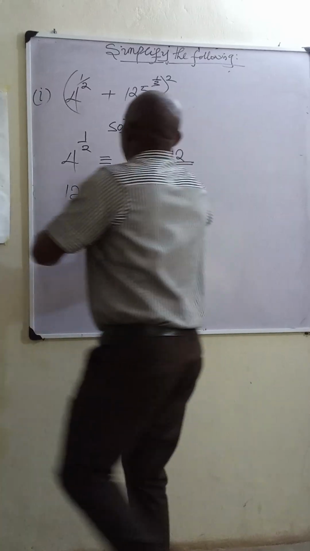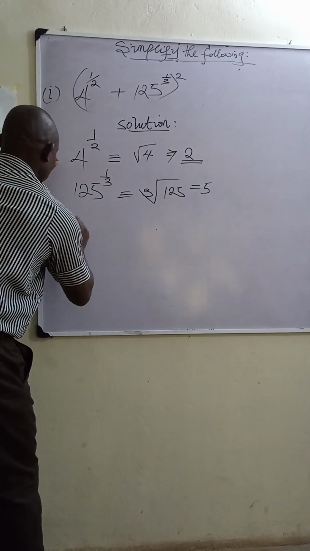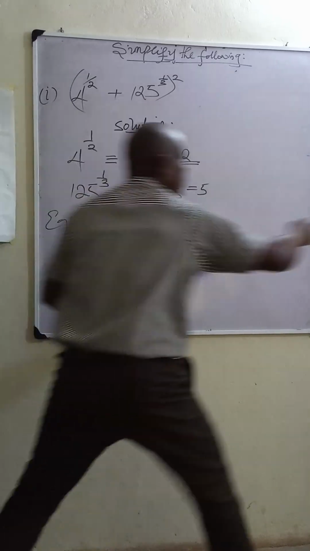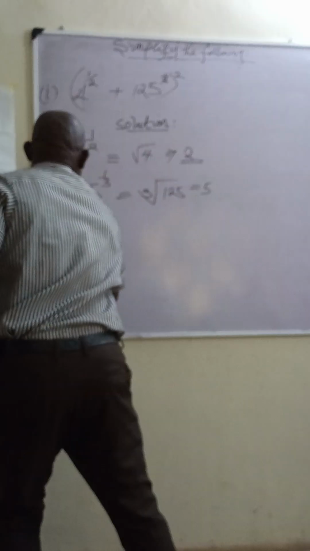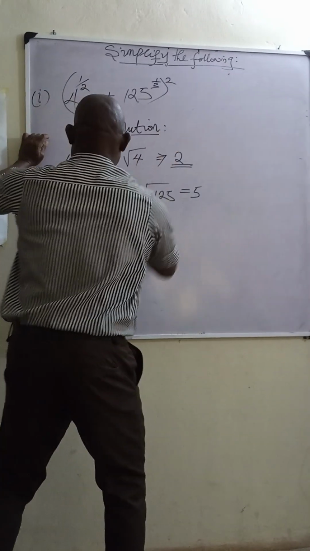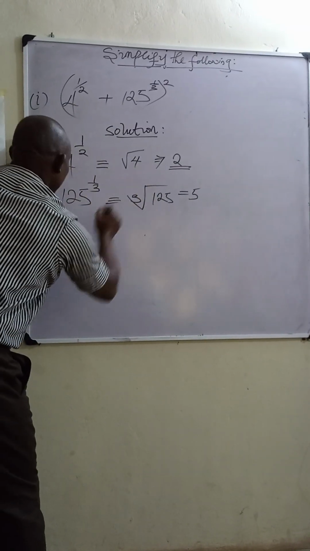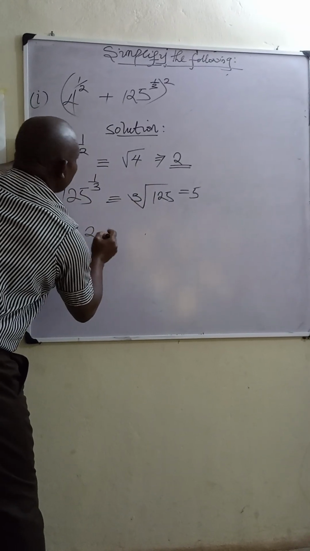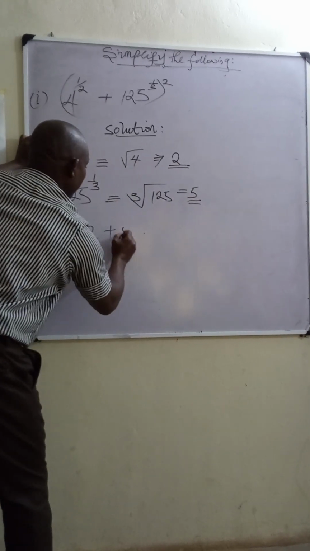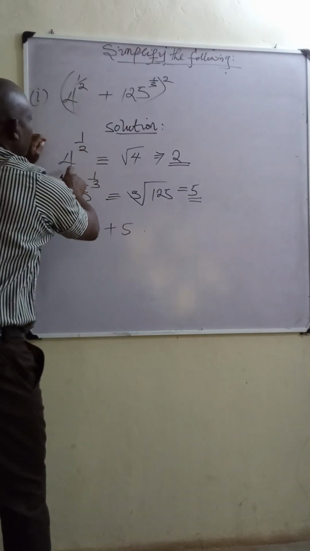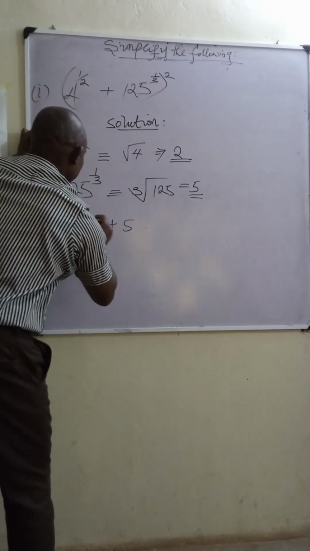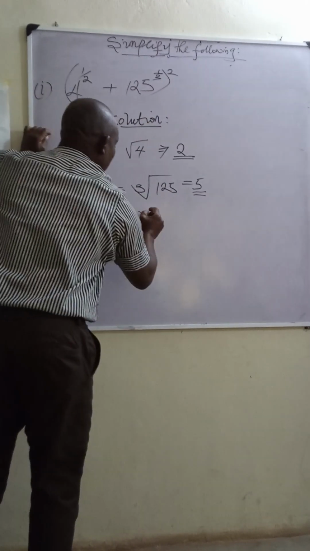So we can now rewrite our equation. Rewrite this expression to be 2 plus 5. This one has been solved and we got 2. This one has also been solved and we got 5 raised to the power 2.